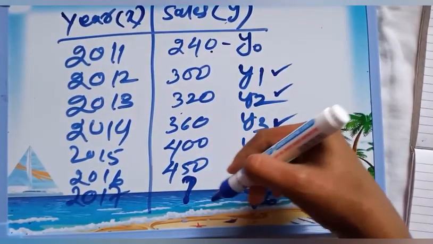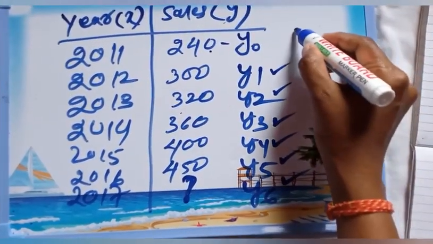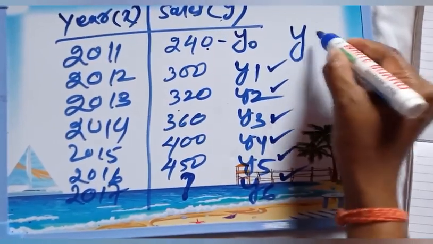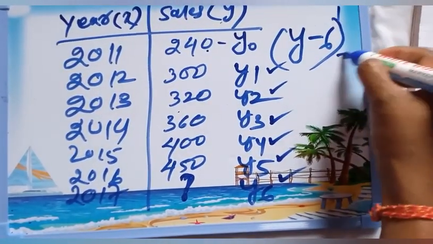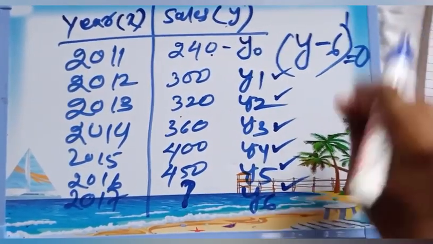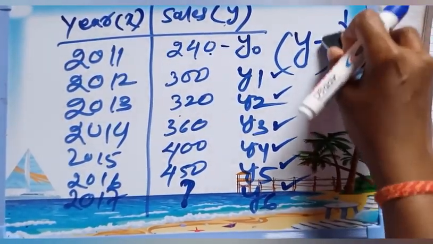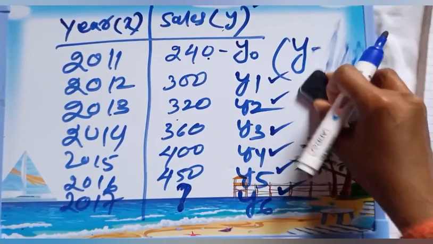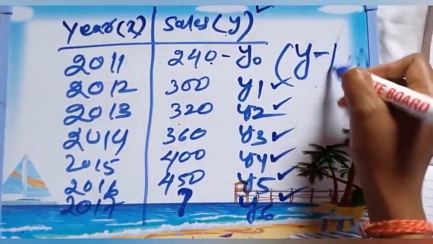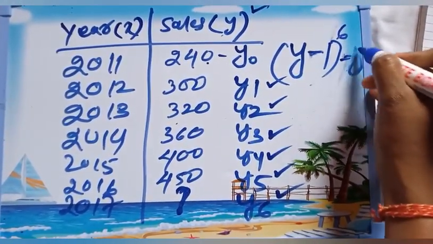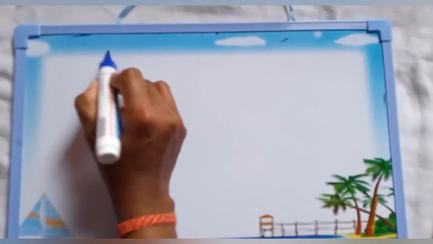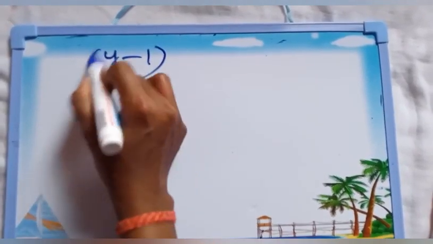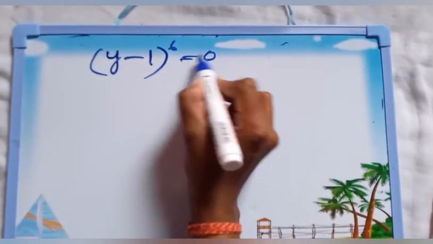Since 6 known values are there, we write the formula (y minus 1) to the power 6 is equal to 0. Sorry, a little mistake, it is (y minus 1) to the power 6 is equal to 0.